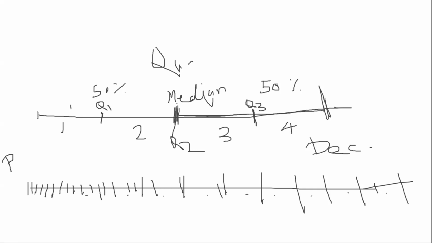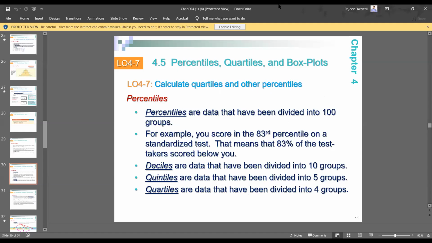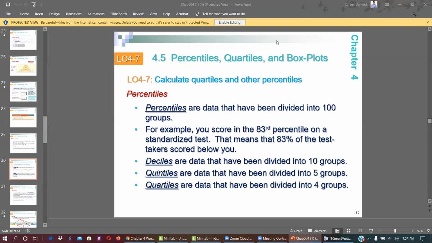So basically, what is important here? Just a minute. Let me share the screen. Can you see this?